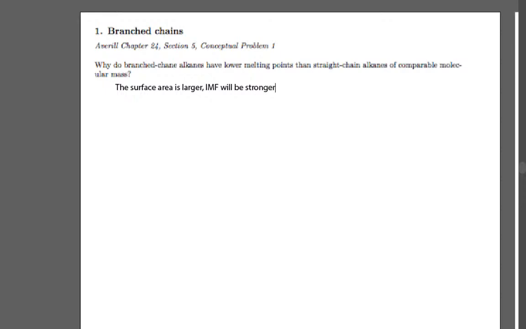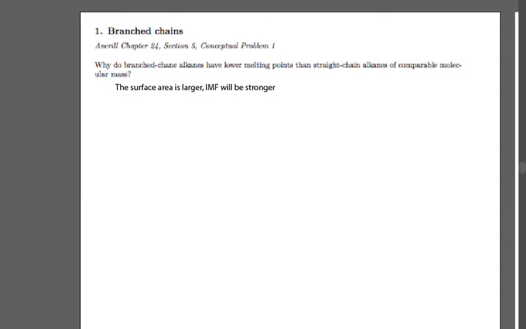Does a stronger IMF result in a lower melting point? Stronger intermolecular interaction results in a higher melting point. So yeah. Oh wait, what? All of the same principle apply. Stronger intermolecular interaction results in a higher melting point.